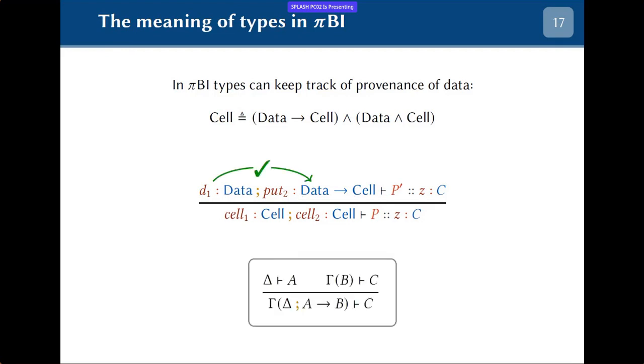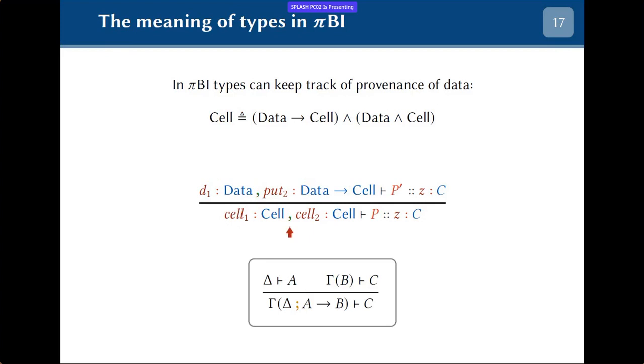And furthermore, if I want to do that, I can send D1, the data I obtained from cell 1, to the put of cell 2 to store that piece of data into the second cell. This is allowed because this arrow type is of the additive kind, and the conjunction I have here is of the additive type as well.